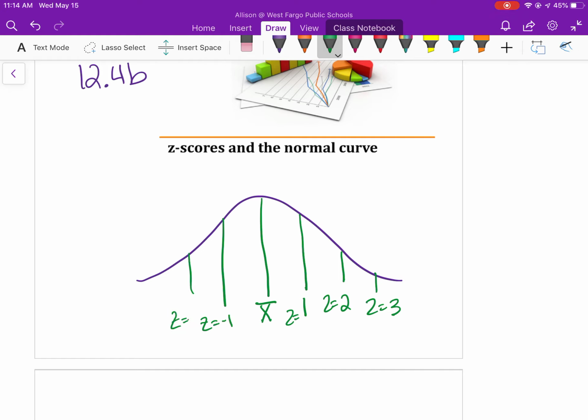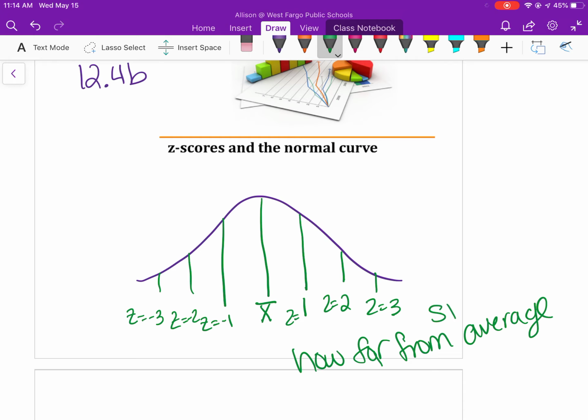Z equals -2, 2 to the left. If Z equals -3, we're 3 to the left. So Z tells us how far we are from the average, in how many standard deviations, and which direction.